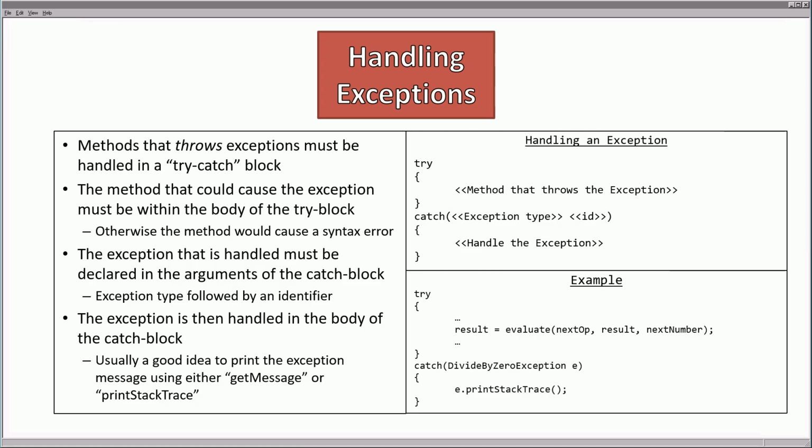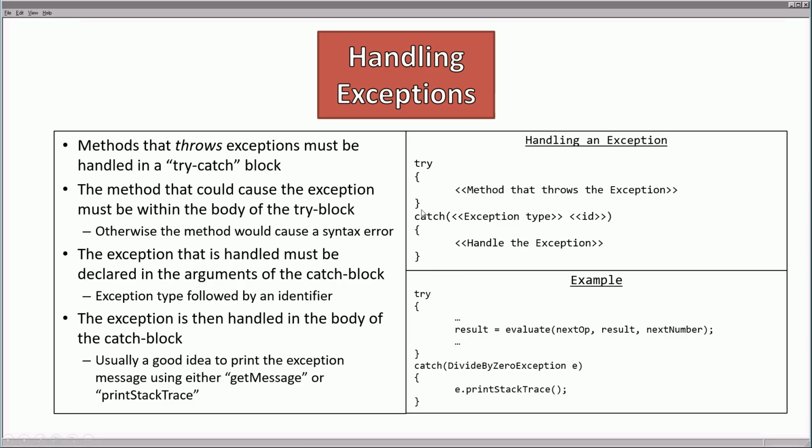Now, the exception that needs to be handled must be declared in the arguments part of the catch block. Just like every other declaration, we have to use the type, in other words, the exception type, followed by an identifier. So the syntax for a try and a catch block is you simply have the word try and then the body of the try block. This is where you would put the method that throws an exception.